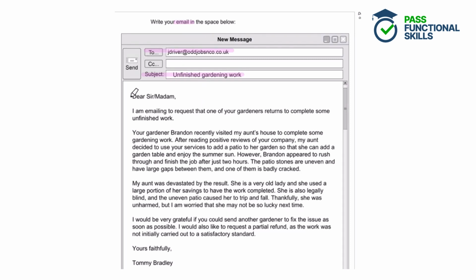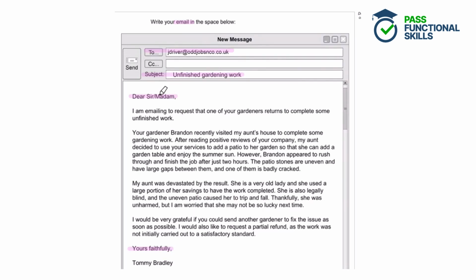Next, it's really important to include a polite greeting at the start of your email. So here we've got Dear Sir, Madam, which is a lovely formal greeting because, as we said, we are speaking to a professional company. And then we have a polite sign off here, yours faithfully. Now, we want to use yours faithfully when we don't know the name of the person that we're writing to.